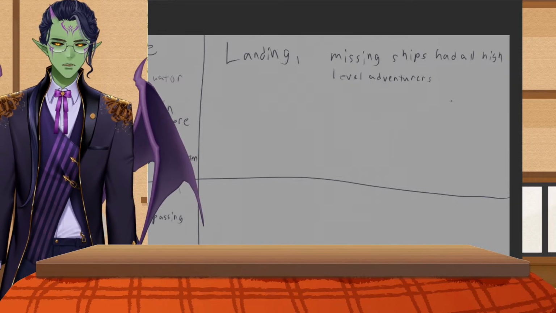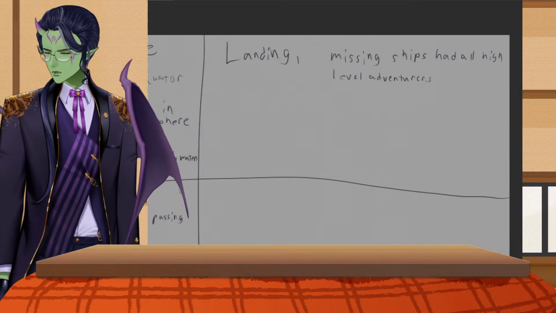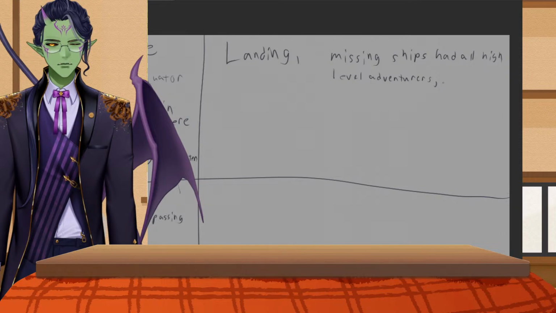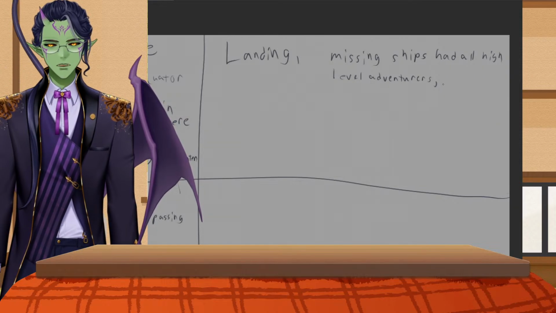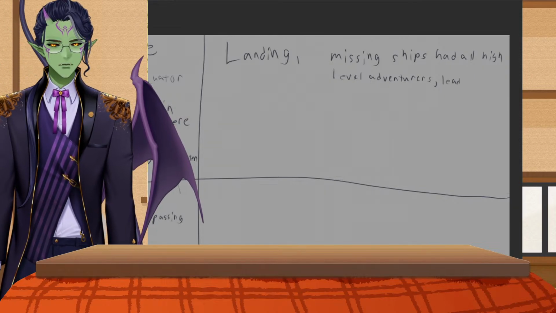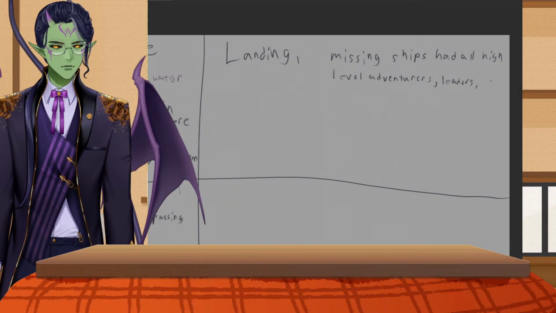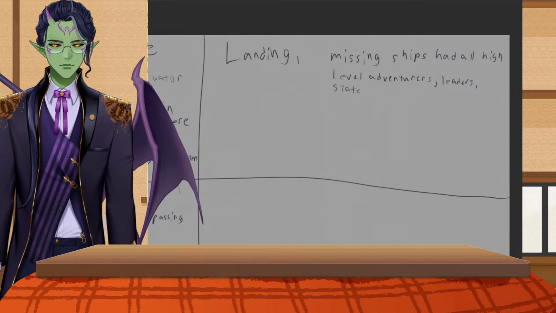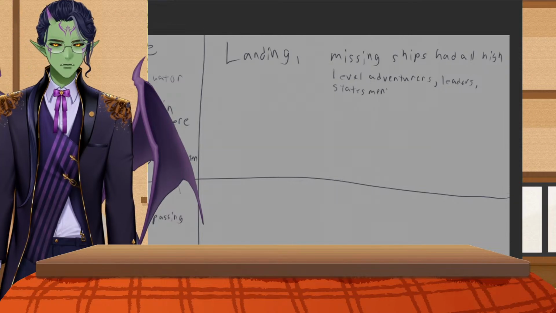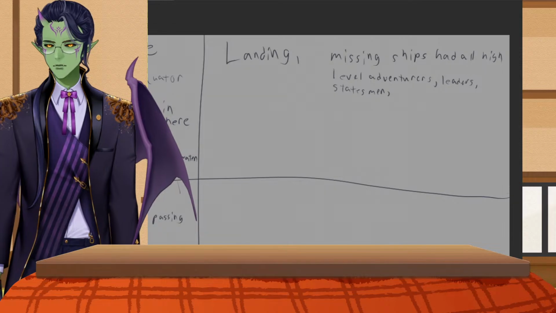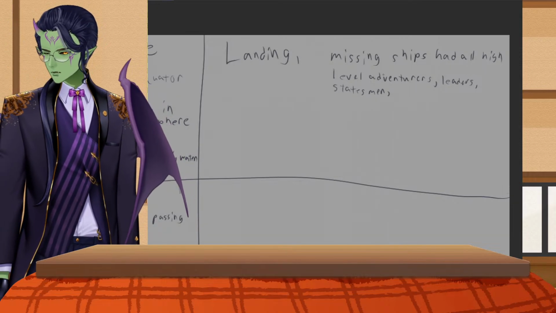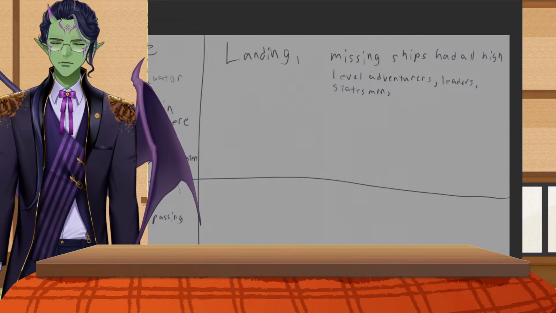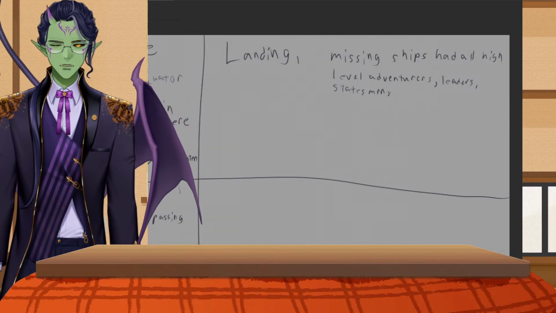So you're missing all of the high-level adventurers, and also all of the leaders and the statesmen. All of the people that would be the overseers, that sort of thing.